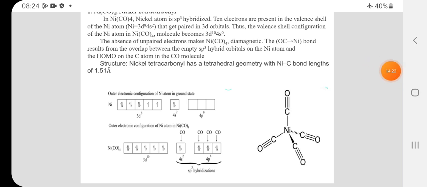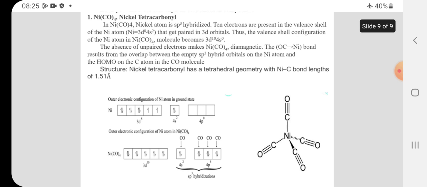The carbon and nickel bond results from the overlap of sp3 hybridized orbitals. See the structure explanation. The nickel tetracarbonyl has tetrahedral geometry. The bond length between carbon and nickel is 1.51 Angstrom. Thank you.